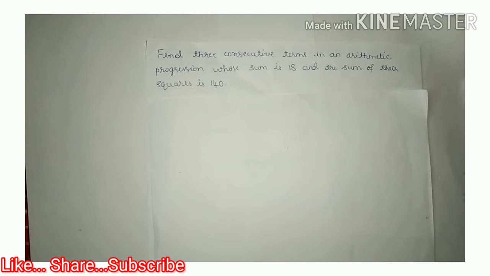Next example, find 3 consecutive terms in an arithmetic progression whose sum is 18 and the sum of their squares is 140.